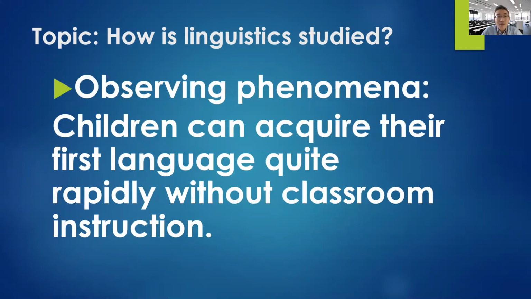Children can acquire their first language quite rapidly without classroom instruction. They have not yet started their instruction at classroom, or they are too young to go to school, but they can acquire their first language quite rapidly without any formal instruction at classroom.